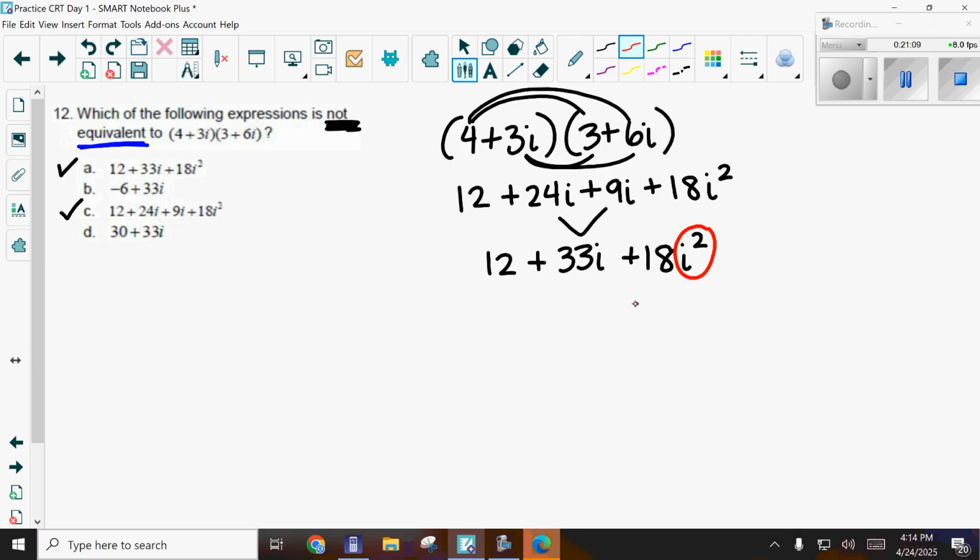Remember that an i squared just makes that change signs. So that means we can combine the 12 and the 18. 12 and 18 is minus 6 plus 33i. Minus 6 plus 33i is correct. So the one that is not in any of the steps that we did is choice D.